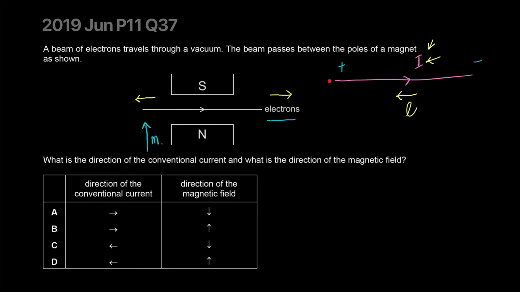Over here, you can control them and make them go straight through as a beam. So technically, the movement of electrons is the current, and your conventional current is highlighting that it's actually against the flow of electrons. So your current is like that, and the direction of the magnetic field.